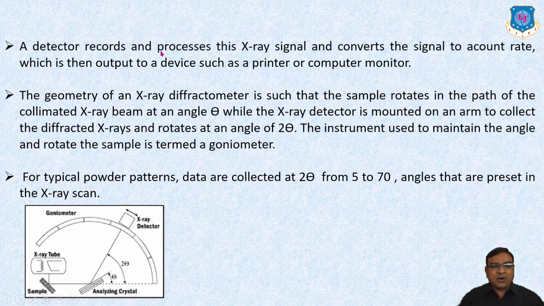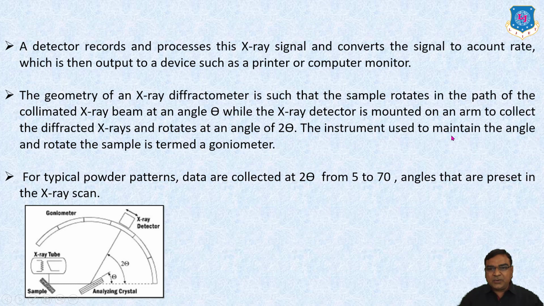A detector records and processes this X-ray signal and converts the signal to a count rate, which is then output to a device such as a printer or a computer monitor. The geometry of an X-ray diffractometer is such that the sample rotates in the path of the collimated X-ray beam at an angle theta, while the X-ray detector is mounted on an arm to collect the diffracted X-rays and rotates at an angle of 2 theta.